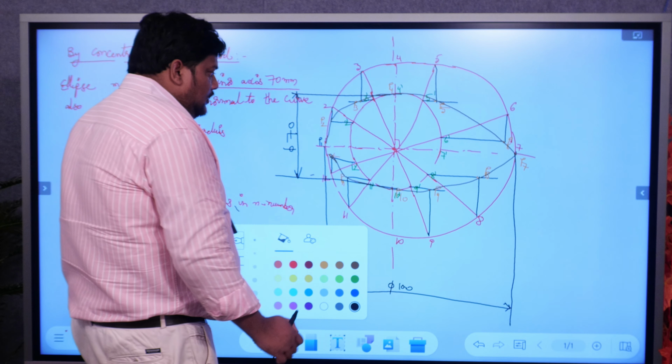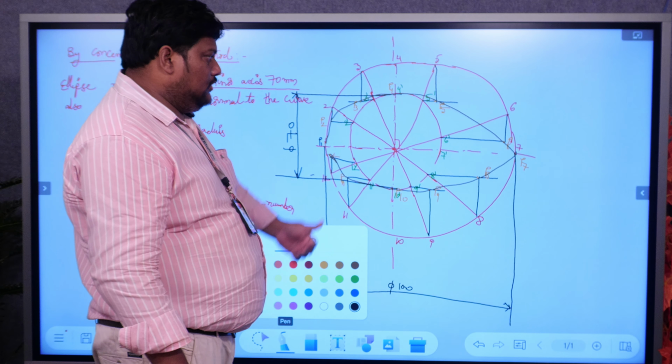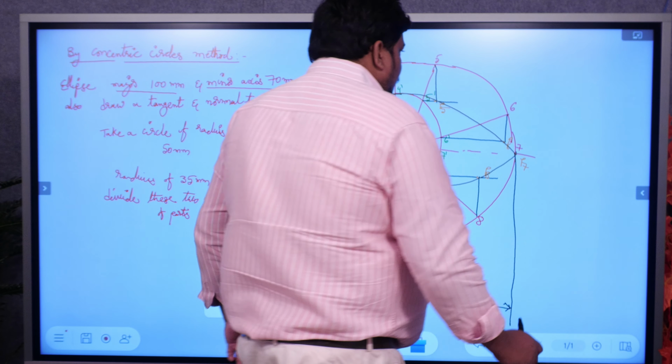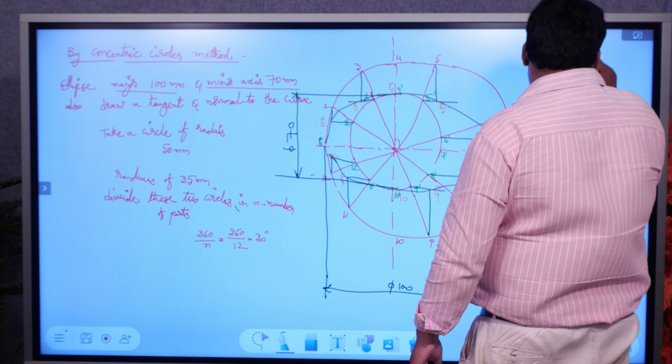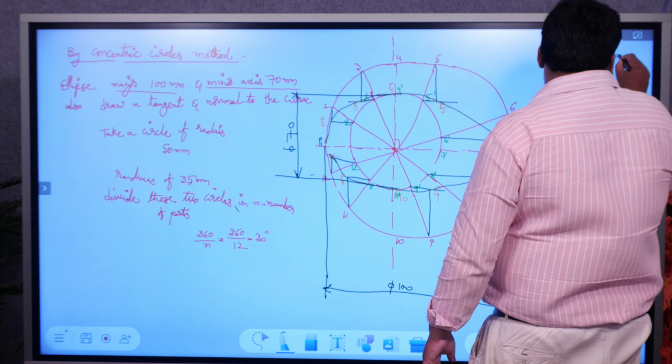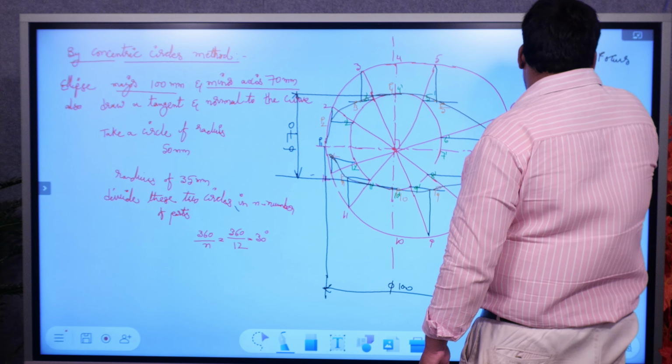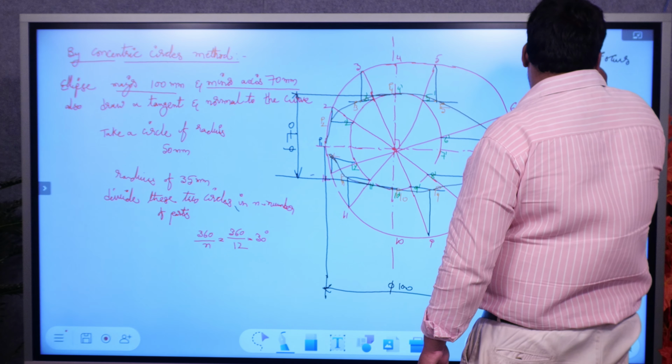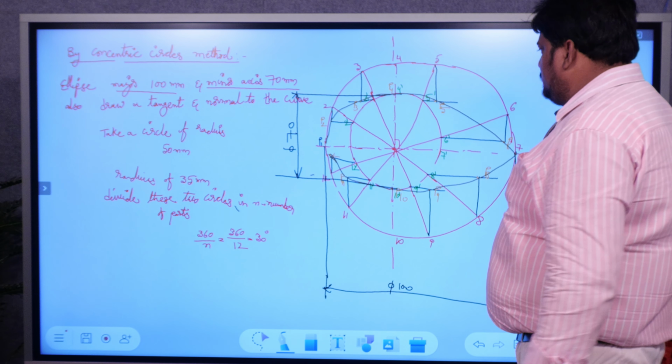F1 and F2 are the foci. We need to find out the foci.